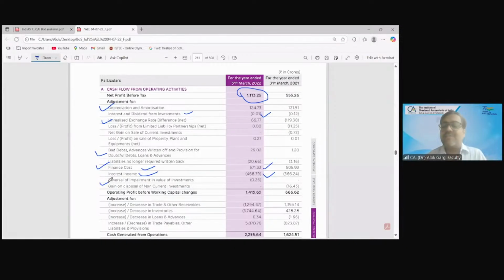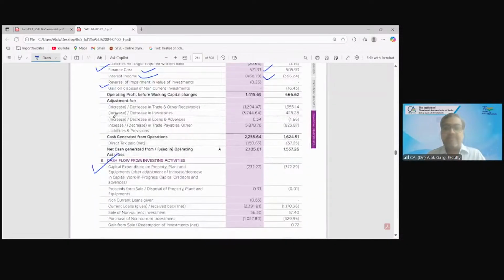Okay. So friends, in our profit before tax, we will adjust non-cash items and we will adjust non-operating items. Non-operating items are those items which are investing items or financing items. Then we have arrived at operating profit before working capital changes. Then we have done the adjustment for increase and decrease in operating assets and liabilities.